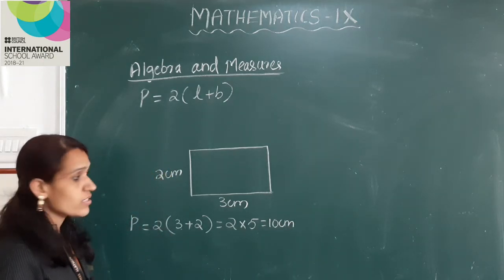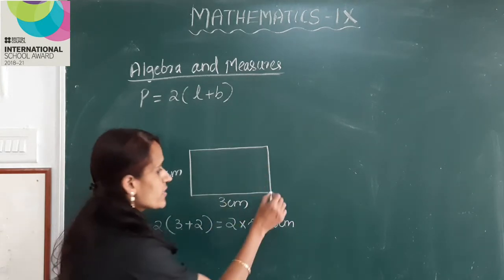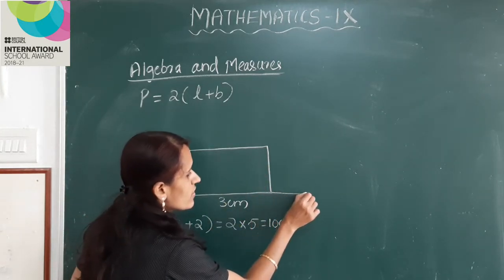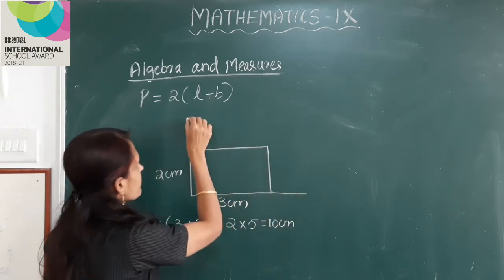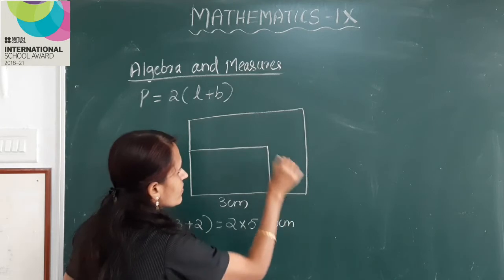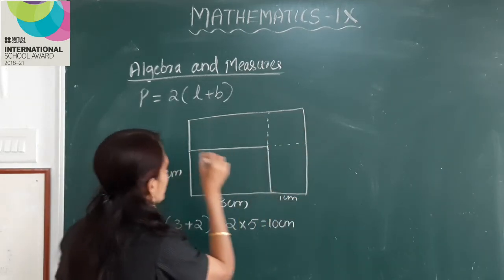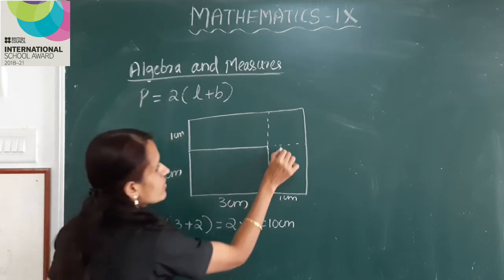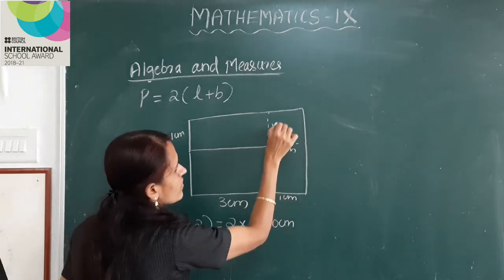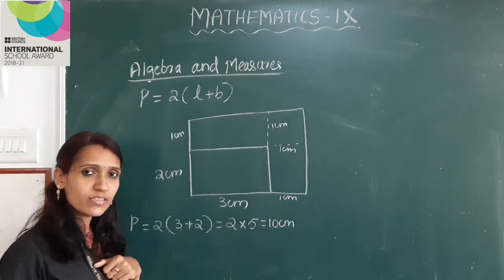Okay. Next, all the sides are extended by 1 centimeter. The rectangle is like this. One centimeter. What is the perimeter of the new rectangle?